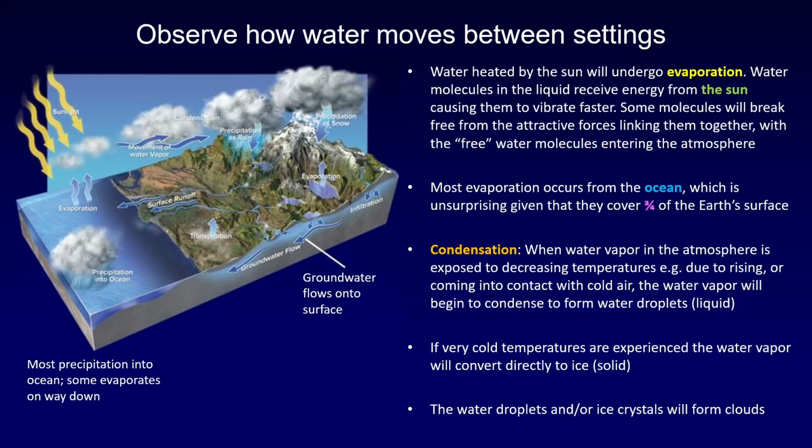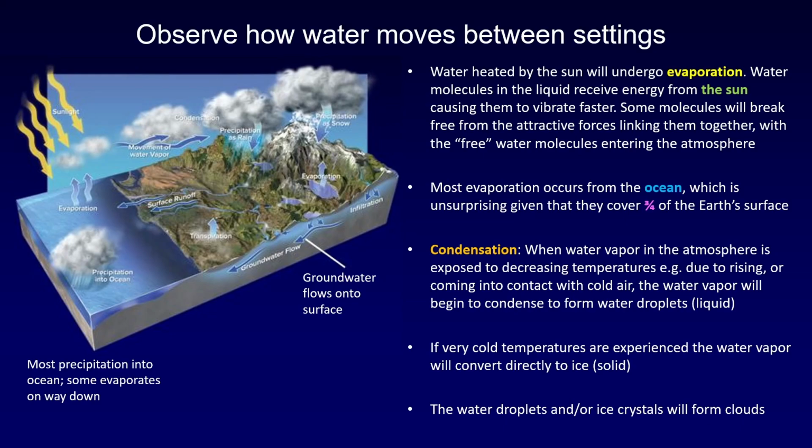And so this energy coming from the sun in the form of sunlight and heat causes water molecules on the surface of the oceans and on lakes to begin to vibrate faster. In some cases, they will vibrate with enough force that it will actually break the intermolecular forces that hold the molecules together.